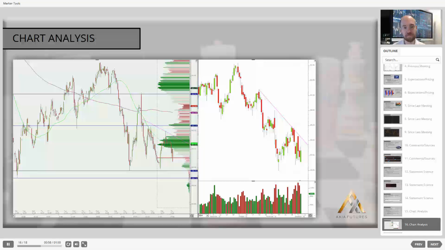To the upside, what we do have is a trend coming in at 162.00.